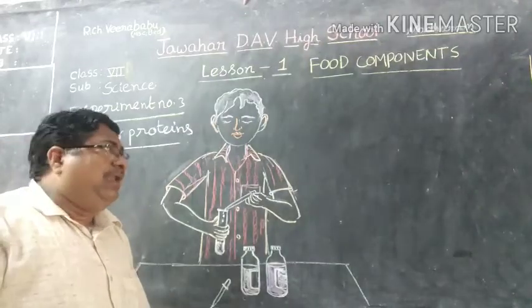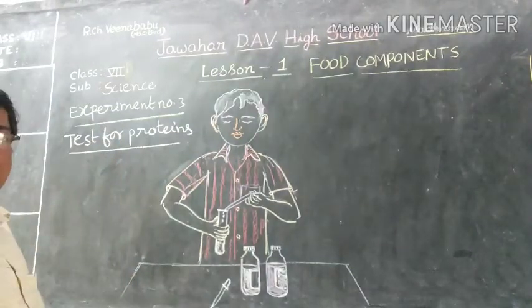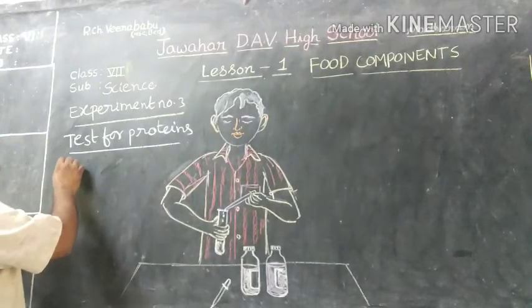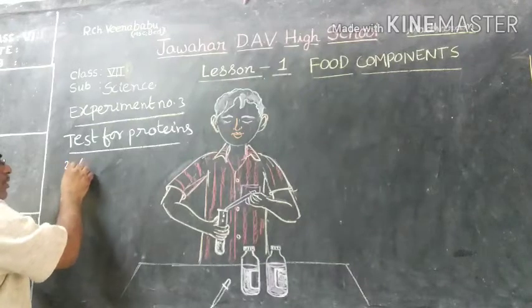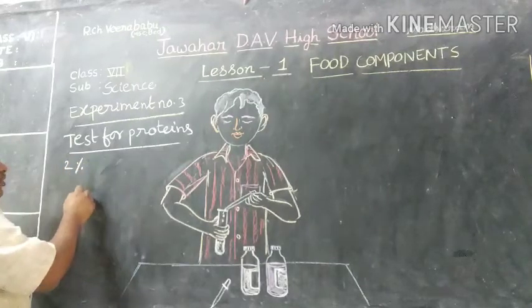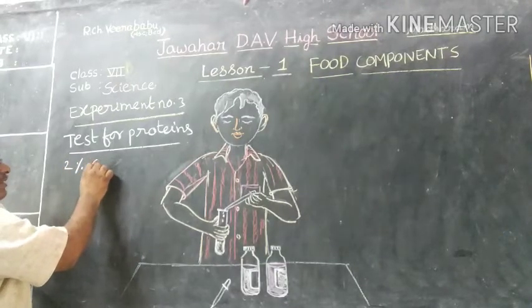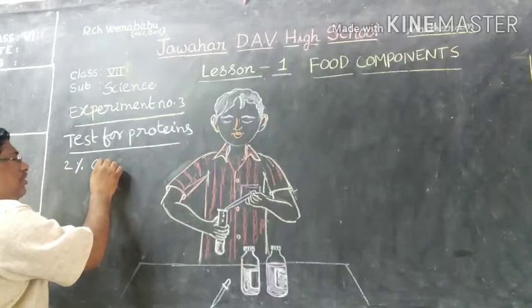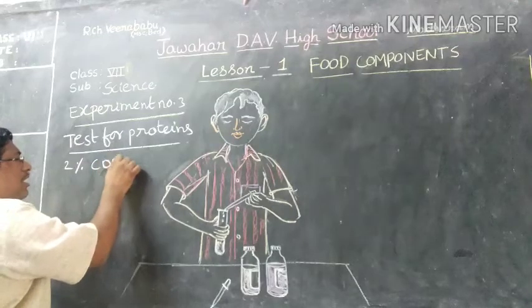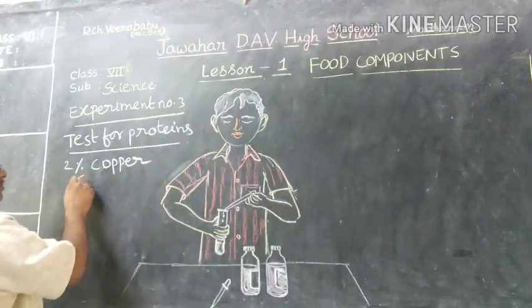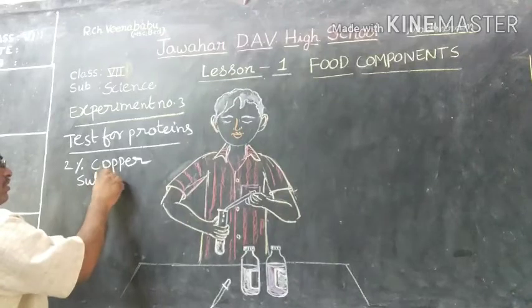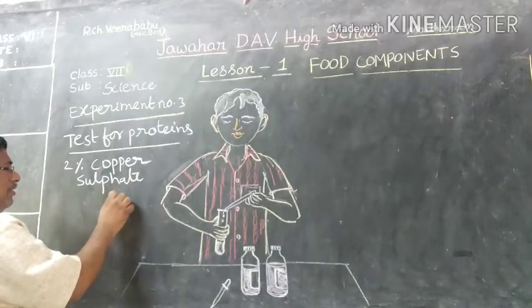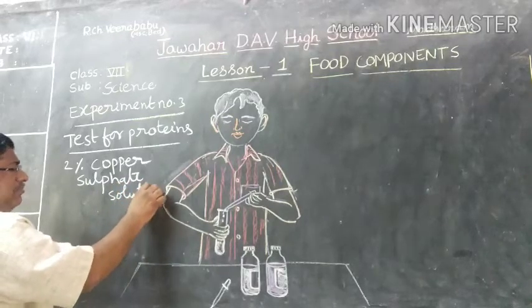So now here we have to prepare 2 types of solutions. First one is preparation of 2% copper sulfate solution.